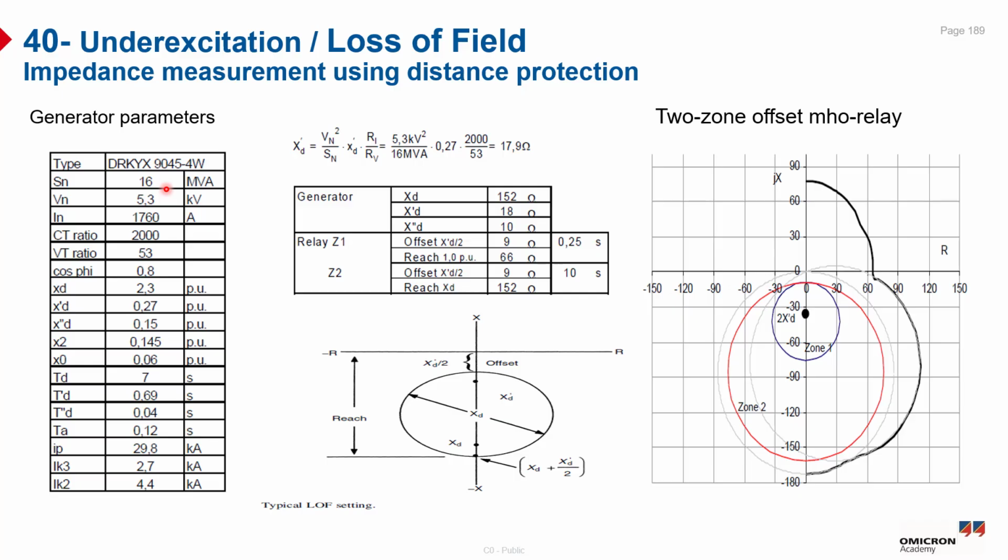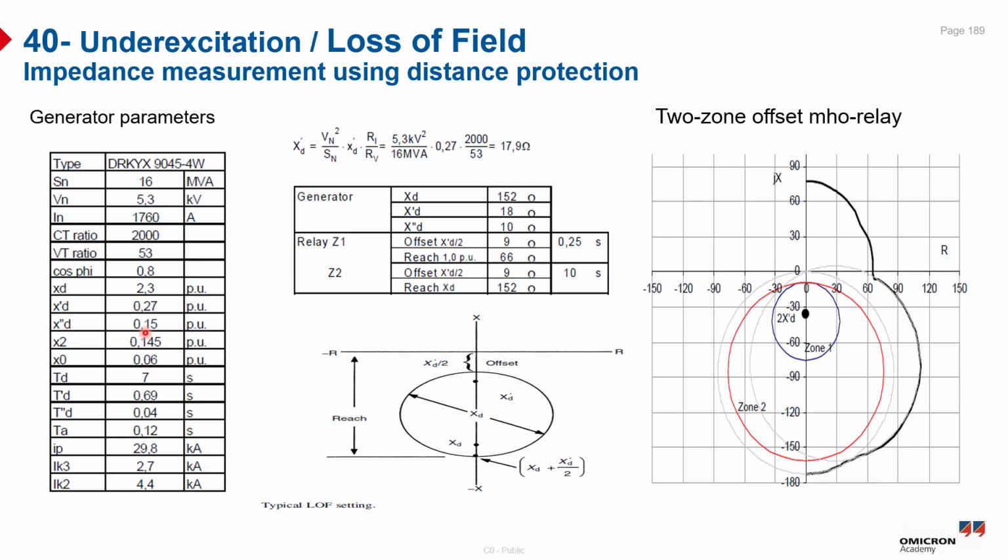The Z base in secondary equals Z base in primary multiplied by the CT ratio and divided by the VT ratio, which equals 66.25 ohm. So XD equals 2.3 per unit, so 2.3 multiplied by 66.25 ohm equals 152 ohm. X-D equal to 0.27 per unit means 17.9 ohm. Also, X-D equal to 0.15 per unit equals 9.94, almost 10 ohms.